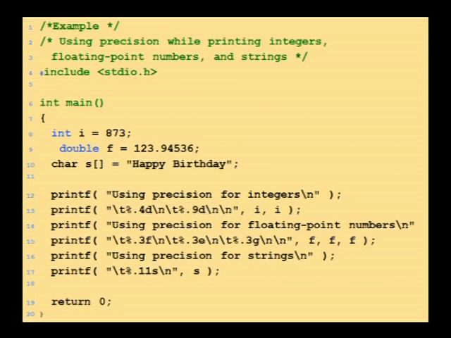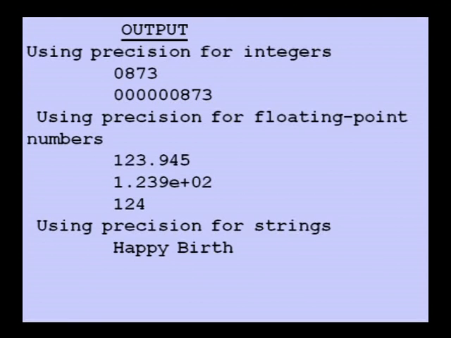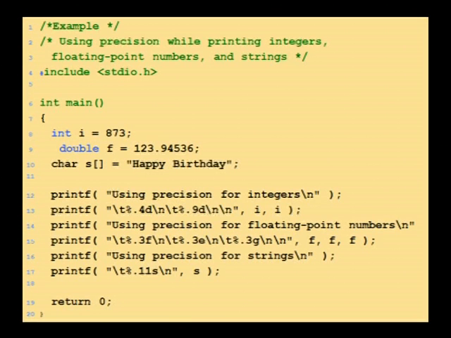Then using precision for strings, how to display the string? So "happy birthday" with 0.11, yes, you want to display only 11 characters. Counting, the space is also treated as a character, so there are 14 characters in the entire string.